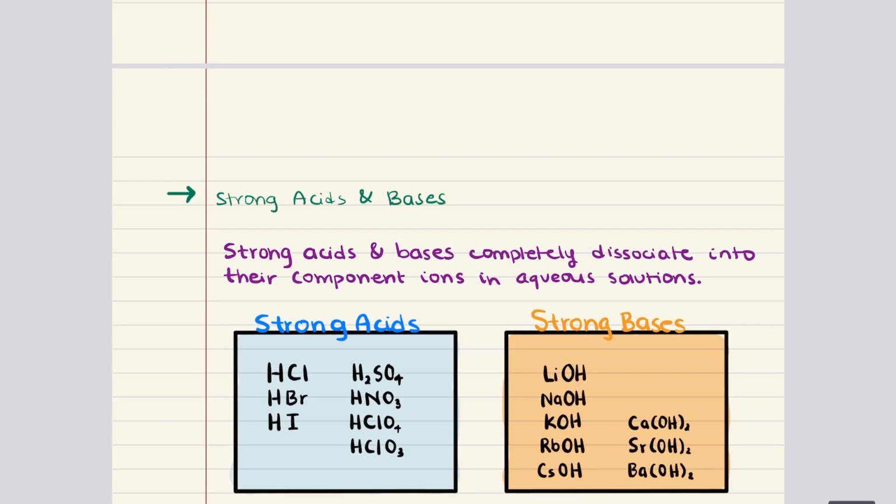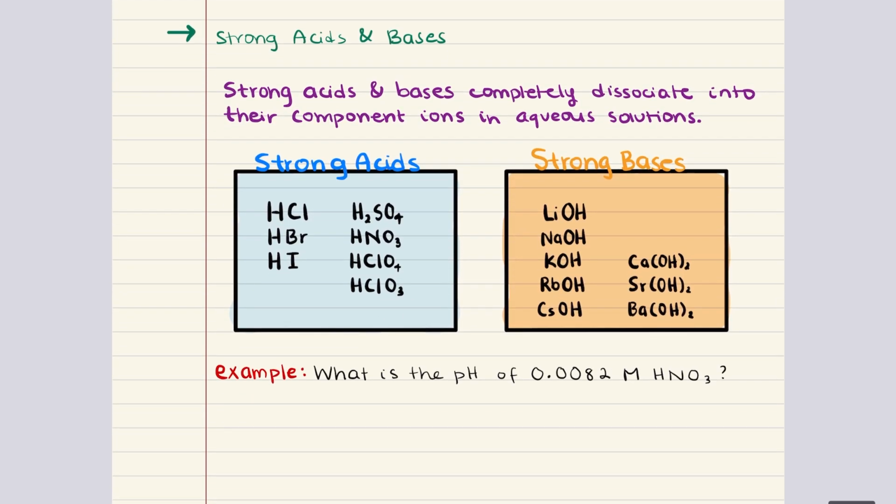Here we're going to discuss strong acids and strong bases. Strong acids and bases are substances that completely dissociate into their ions in aqueous solution. This complete ionization makes them highly effective in altering the pH of solutions.